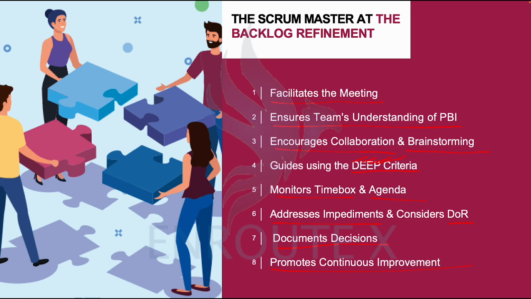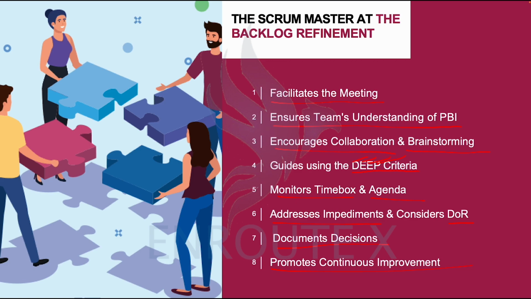So he's looking out for ways by which the team will begin to improve, will begin to deliver value, will begin to deliver the right value also. So that would be the class for what the Scrum Master does at the backlog refinement meeting.